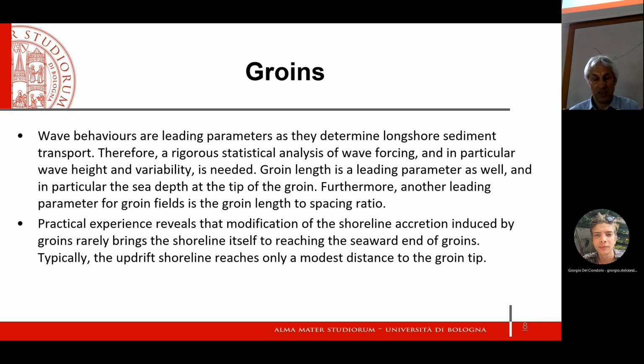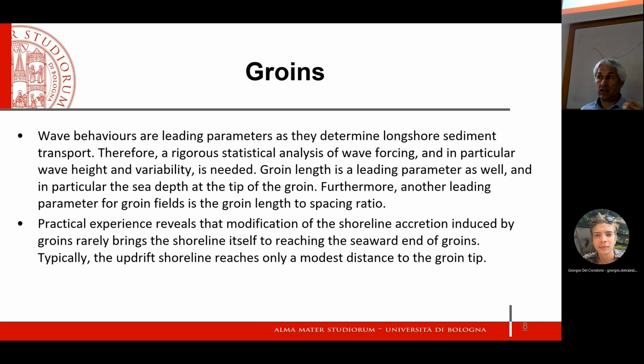And of course, the effectiveness of the intervention, the beach accretion, will depend on some leading parameters. One leading parameter is the length, the extension of the groin, of course. If the groin is short, we can expect a small accretion. If the groin is longer, it's a longer accretion.